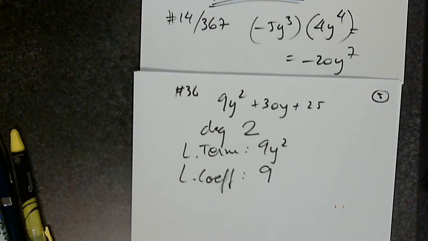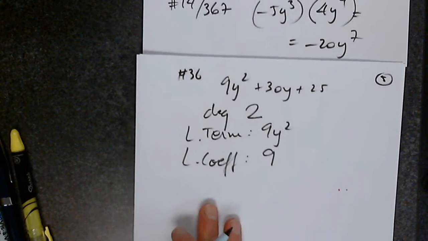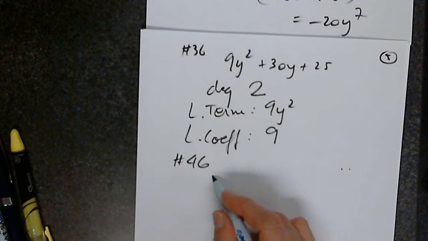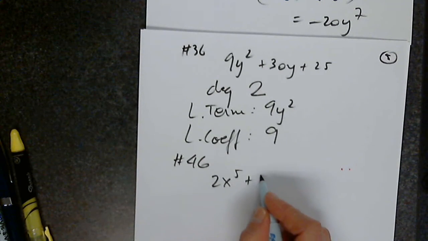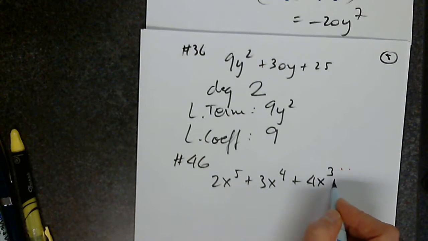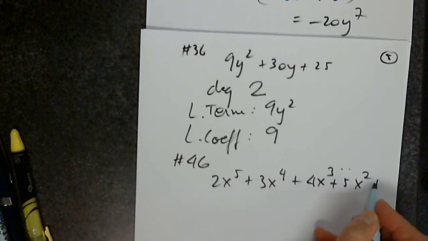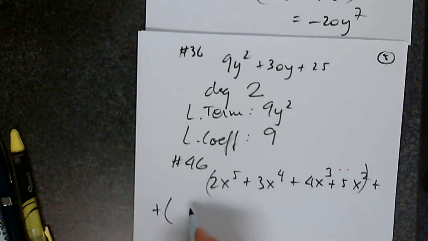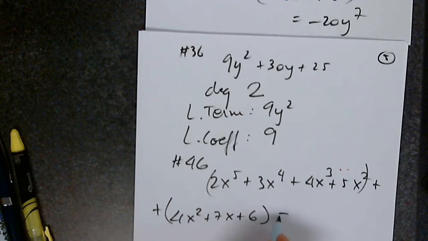Okay. Let's combine like terms. Let's say and add 46. 2x to the 5th plus 3x to the 4th plus 4x cubed plus 5x squared plus, and this is in parentheses, it shouldn't be, but anyway, 4x squared plus 7x plus 6.